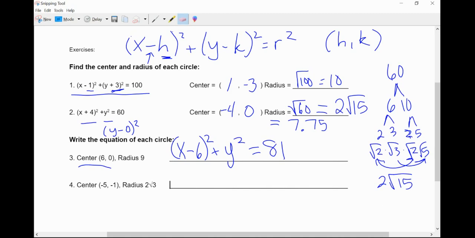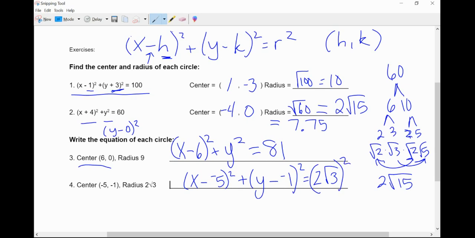Okay, let's move on. Center -5, -1. So x minus -5 squared plus y minus -1 squared equals 2 square root of 3 squared.